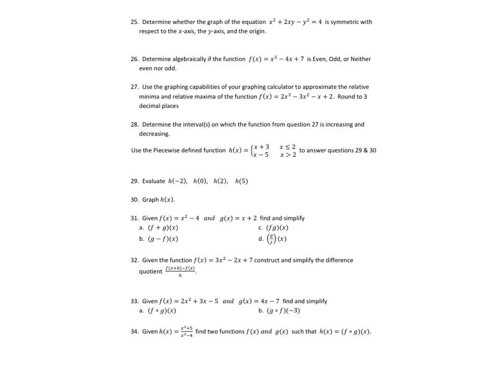So for the first one, we want to determine if it's symmetric about the x-axis, y-axis, or origin. If you think about being symmetric with respect to the x-axis, that would mean that for any x-y pair, x, negative y is also on there.